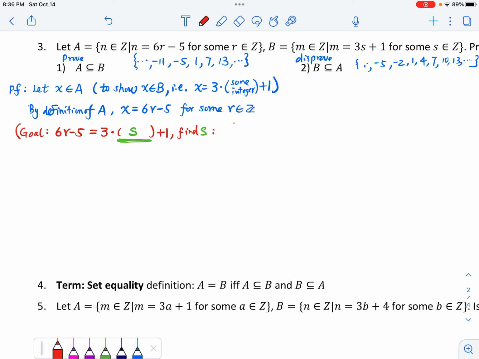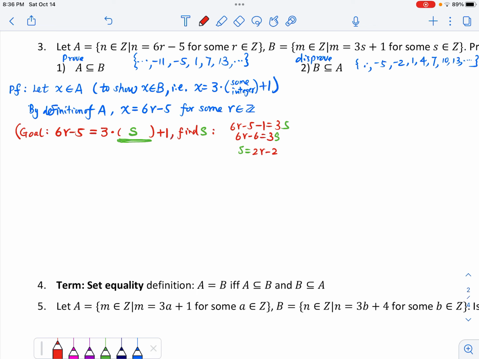You can see that 6r minus 5 minus 1 equals 3 times s. I'm just subtracting 1 from both sides, which means 6r minus 6 equals 3 times s. And therefore s is equal to, dividing both sides by 3, 2r minus 2.